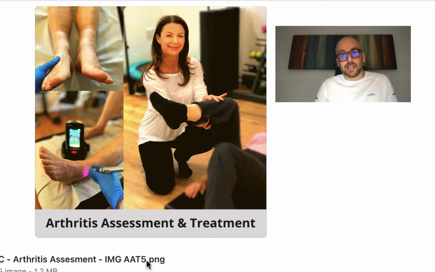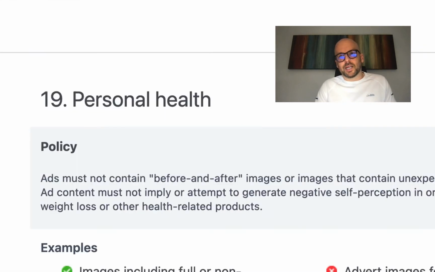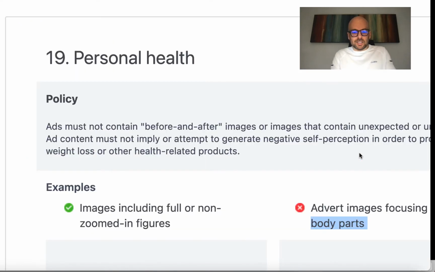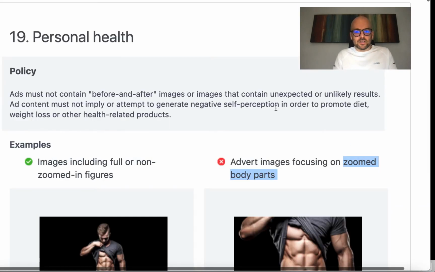I was slightly worried that Facebook would think these ads were not compliant, and I'll show you why. It is compliant, but Facebook, generally speaking, doesn't like us to zoom in on body parts. However, this has got nothing to do with before and after. This doesn't contain unexpected or unlikely results.